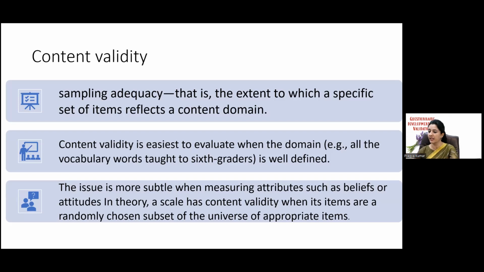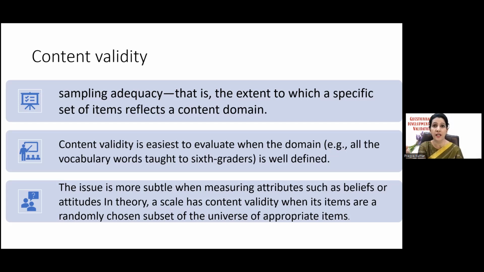The second one, in case of content validity, is when the domain is very easy to define. I have taken this example from the Norman textbook: if I have to make a scale to measure the vocabulary being taught to 6th graders, then this content is very easily defined because you have those as a list, and then you make a scale and see whether the content validity is there.